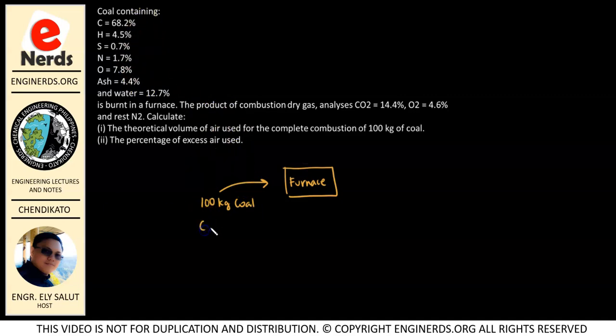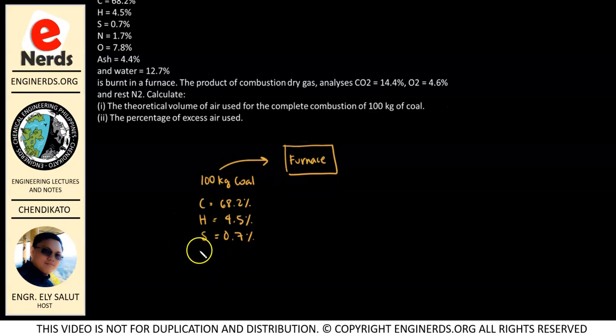So, we have carbon, which is 68.2%. We have hydrogen, which is 4.5%. We have sulfur, which is 0.7%. We have nitrogen, which is 1.7%.